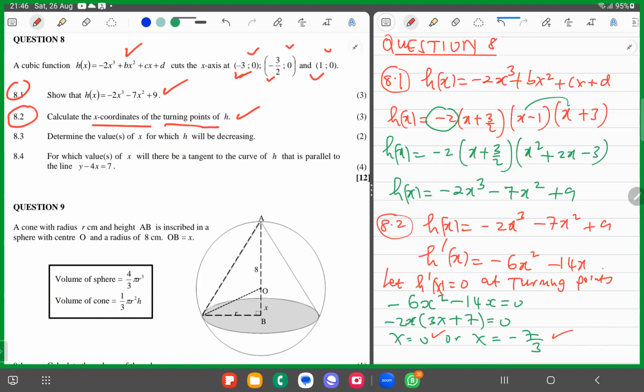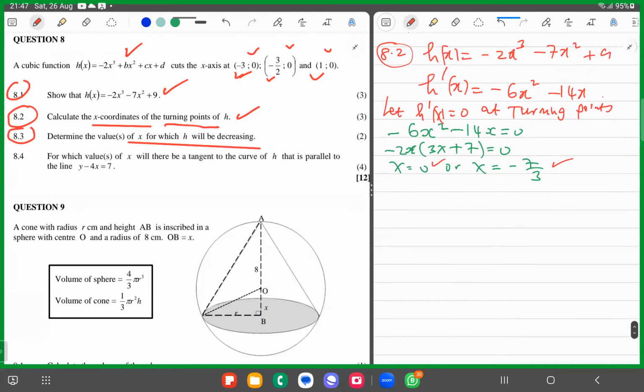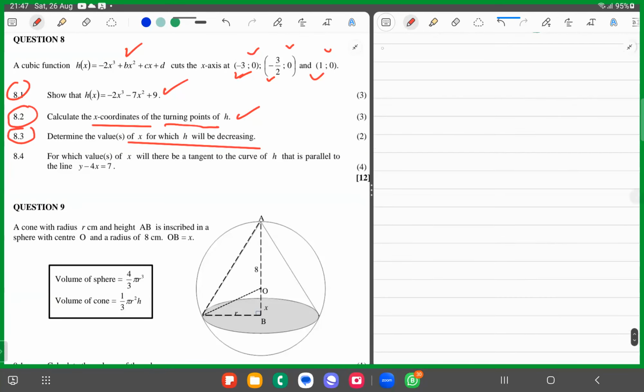The next question is determine the values of x for which h will be decreasing. Look at 8.3 now. Okay, to do that one, it's easy. You consider a couple of things. You can draw a basic line like this, the horizontal axis, and draw the axis.